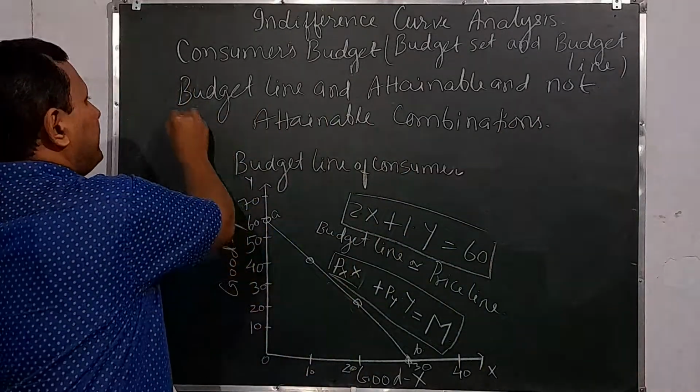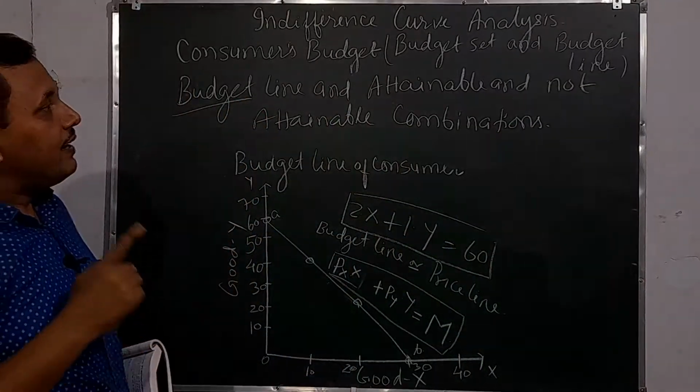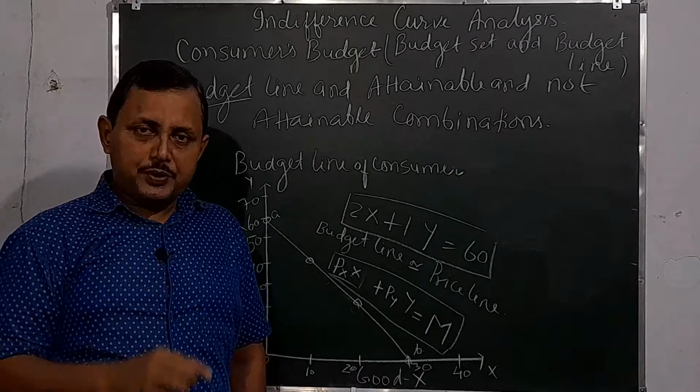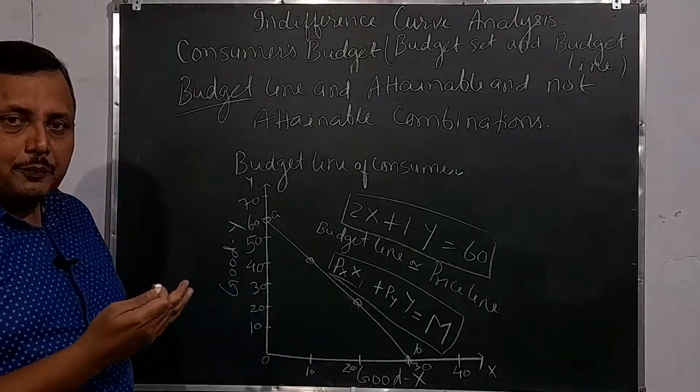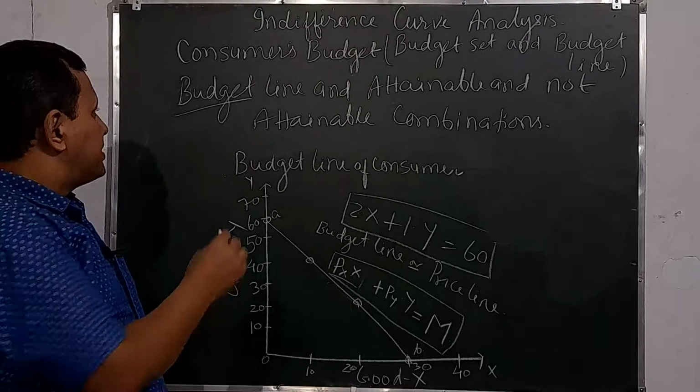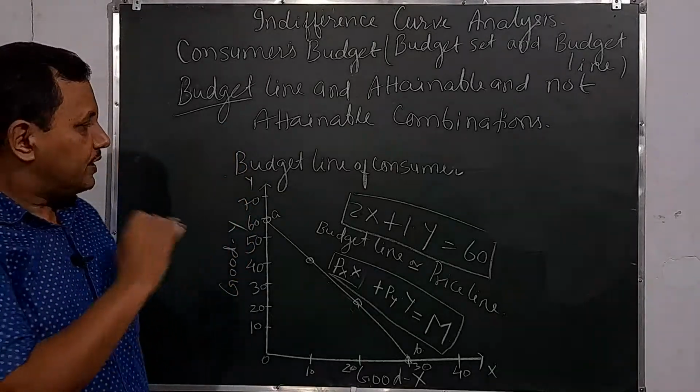The next topic we will cover is the budget line and attainable and non-attainable combinations. What are the attainable combinations, and what are the non-attainable combinations when the budget line is given?